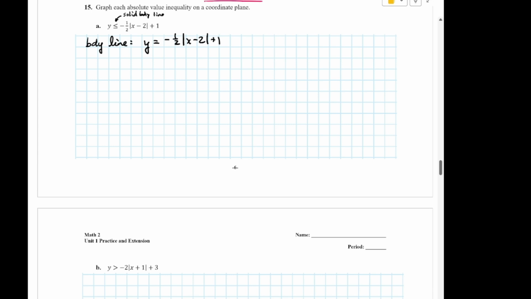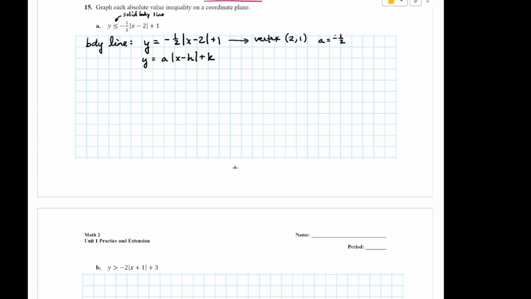The boundary line has the absolute value function form that we've studied. And so up here, we've got our vertex, the (h, k) is (2, 1). And the a value is negative 1/2, and that's related to the slope, right?